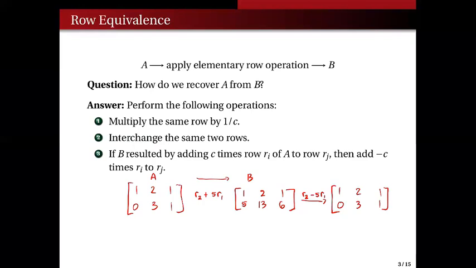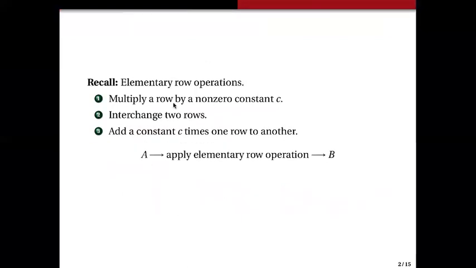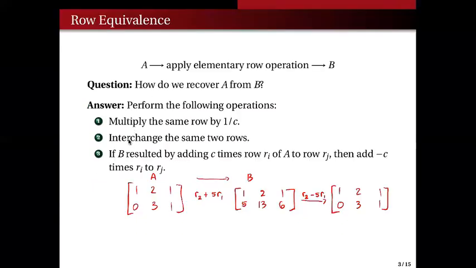Okay? So these three guys here are the inverse process of the elementary row operations that we had in this slide here. But again, these guys here are also elementary row operations.